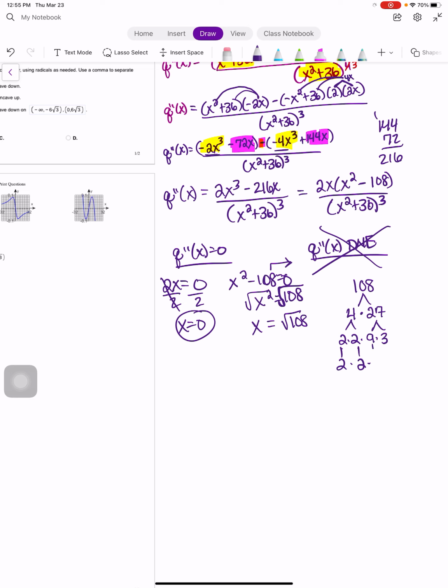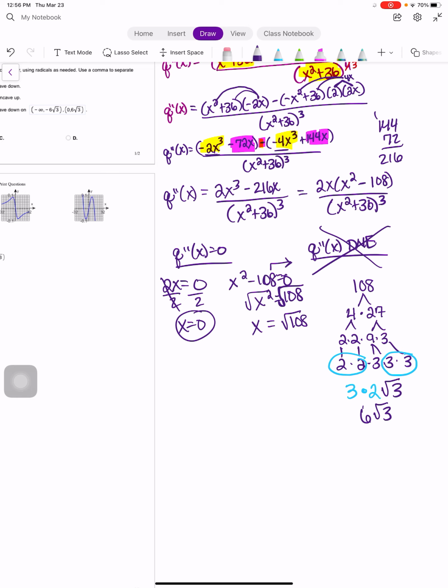Bring these factors down. 9 breaks up into 3 times 3, and then I have that other 3. And what I do here is I circle pairs. So I have a pair of 3s, so that means I can bring out a 3. I have a pair of 2s, I can bring out a 2. But what I do not have pairs of stays inside my radical. So this becomes 6 square roots of 3.